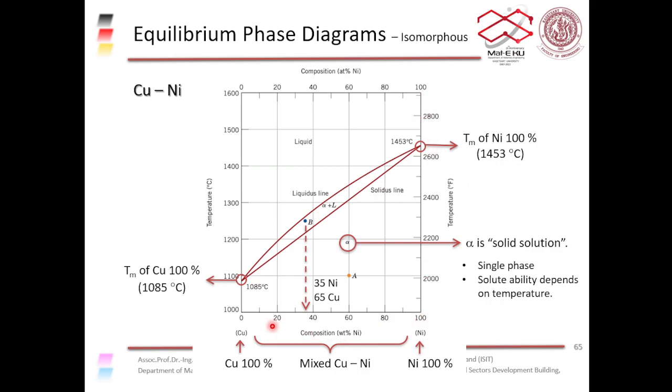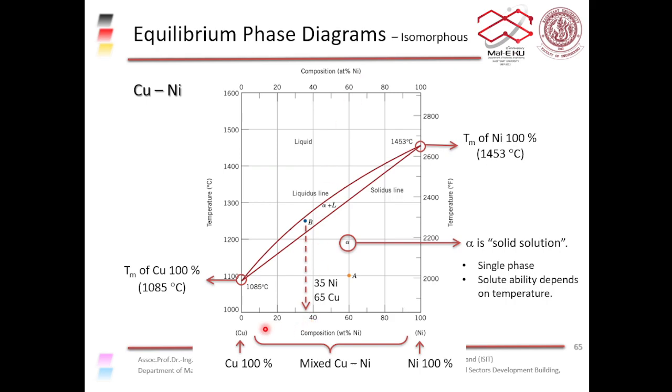Right? On the x-axis, we have the composition, or weight percent of nickel, at the bottom here. On the top, we have the composition in atomic percent of nickel. Right, so we have both weight percent and atomic percent.